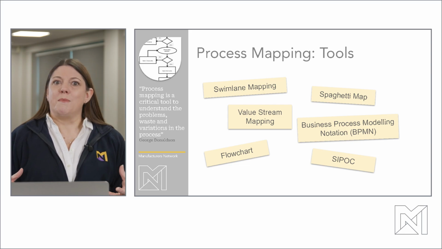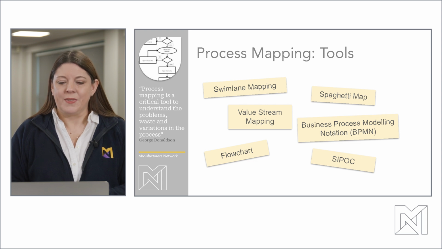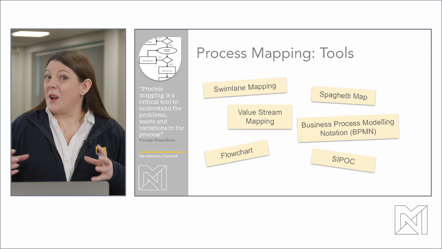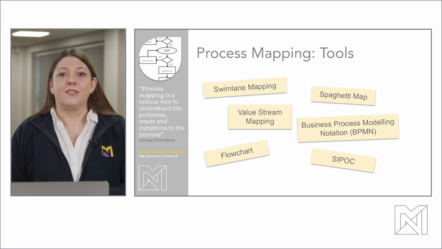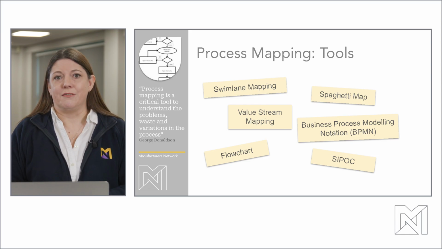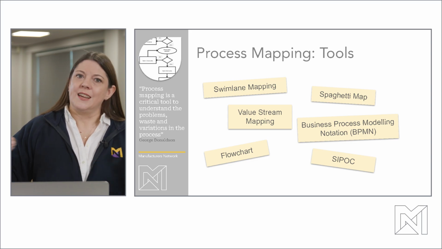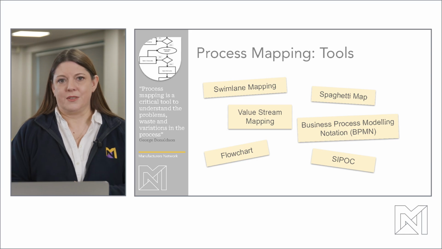We've got value stream mapping. There's a section on value stream mapping a little bit later on. BPMN, business process modelling and notation, is quite a technical method of mapping flow charts, and of course SIPOC that we've mentioned several times, a high level view of the overall process and the inputs and the outputs and the stakeholders who are involved in that process.